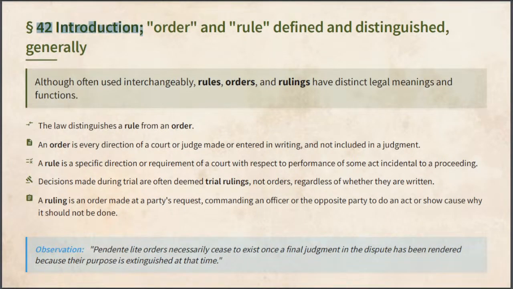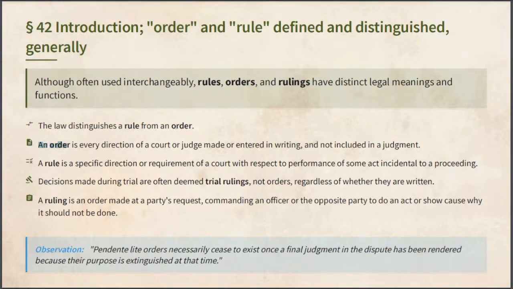Continuing with our introduction here. Although often used interchangeably, rules, orders, and rulings have distinct legal meanings and functions. The law distinguishes a rule from an order.